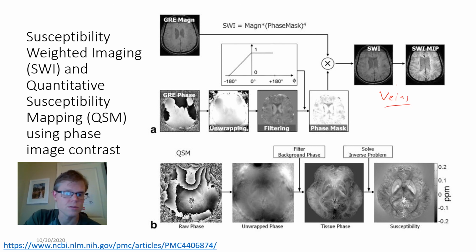And then also to a technique called quantitative susceptibility mapping. And here we see things like iron deposition, because iron has a very different magnetic susceptibility than tissue. So both of these are newer techniques in MRI, but they've proven themselves to be very powerful.